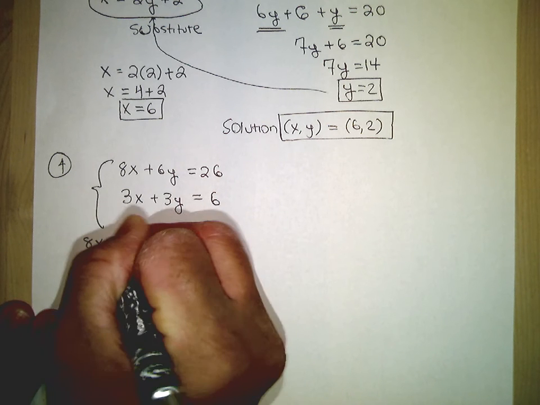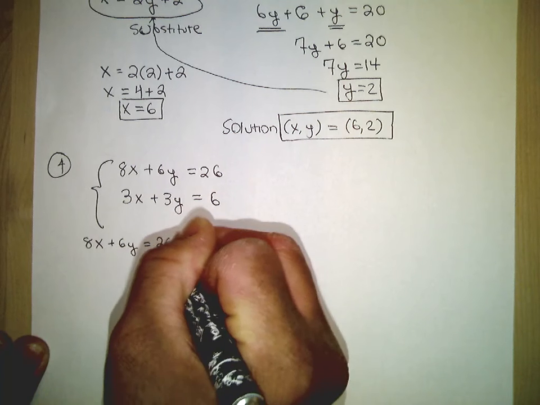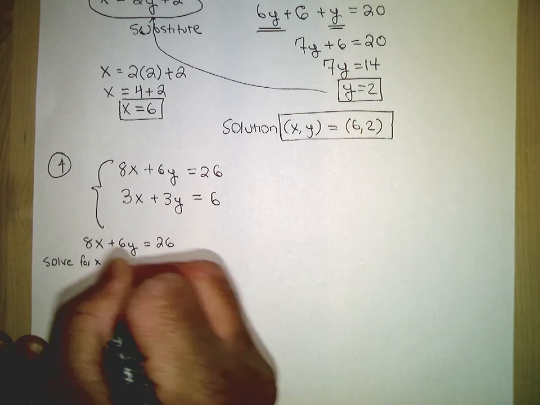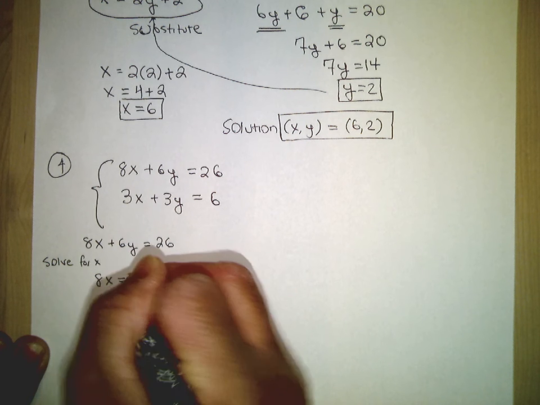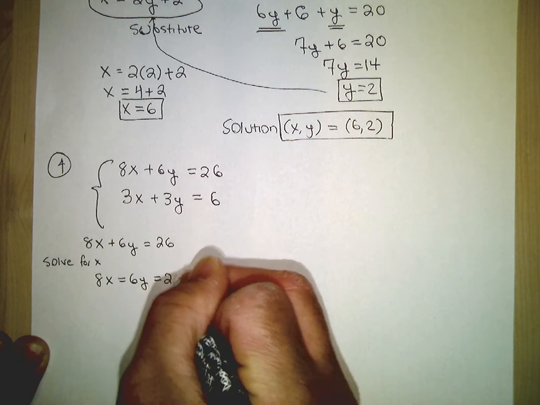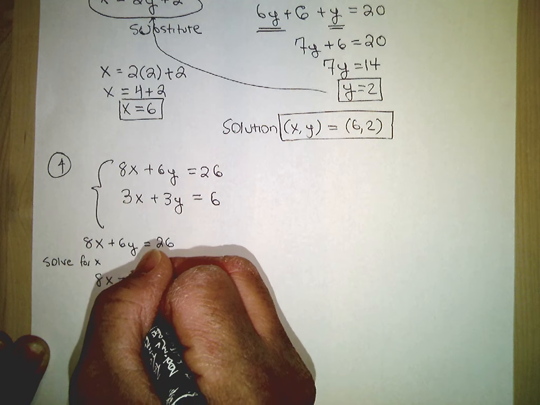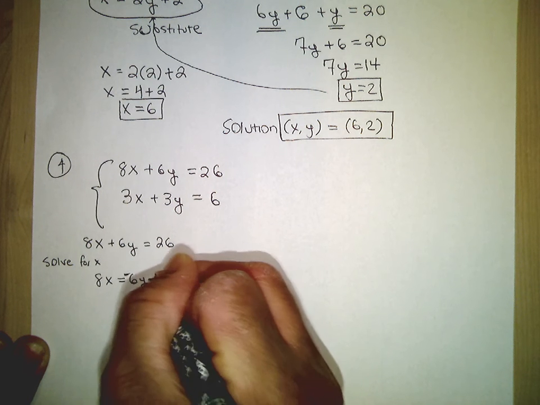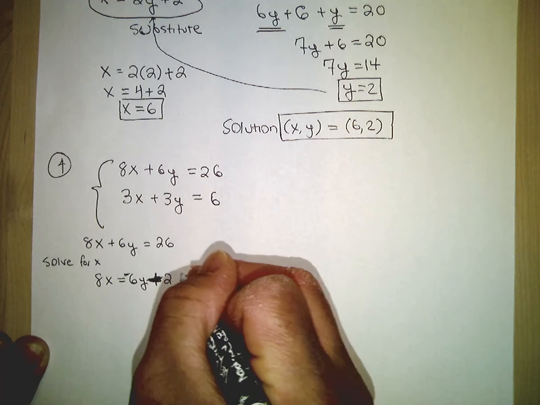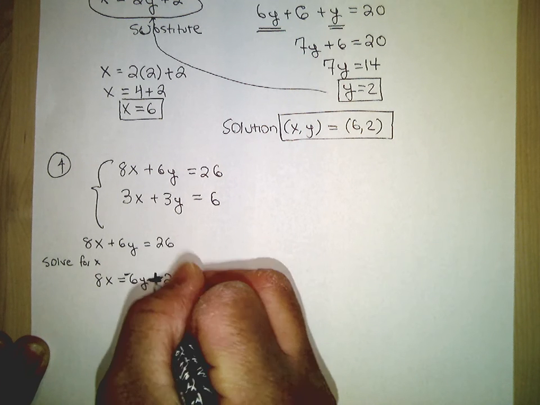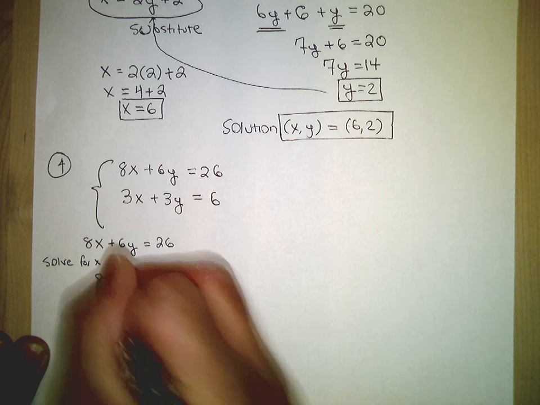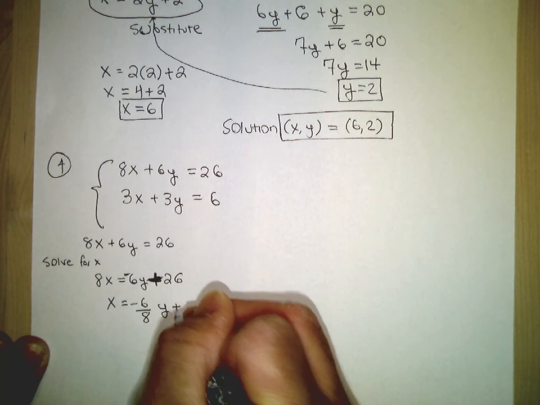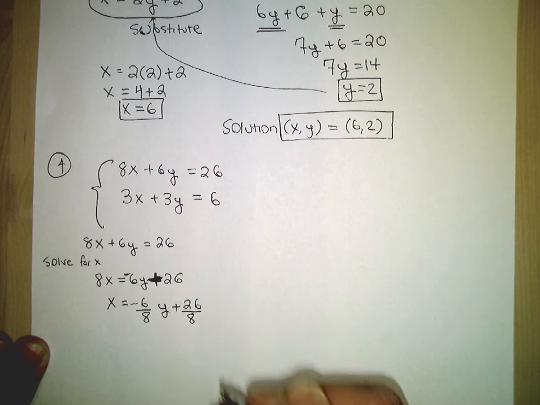So 8x plus 6y is 26. If I solve this equation for x, then I have 8x equals negative 6y plus 26. Then divide by 8. So x is negative 6 over 8 y plus 26 over 8.